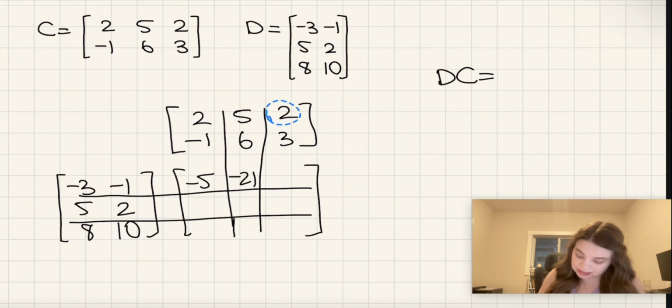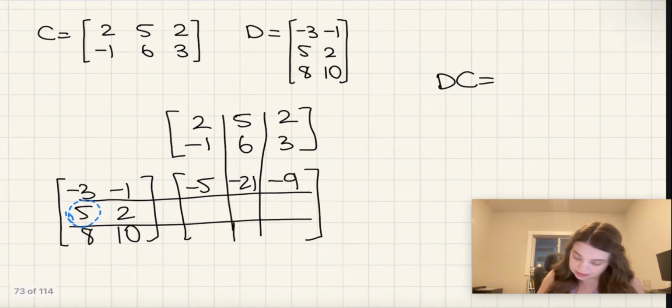Then we have 2 times -3 is -6, and then 3 times -1 is -3, and -6 minus another 3 would be -9. Then we have 2 times 5, which is 10, and then -1 times 2, which is -2. So we have 8 there.